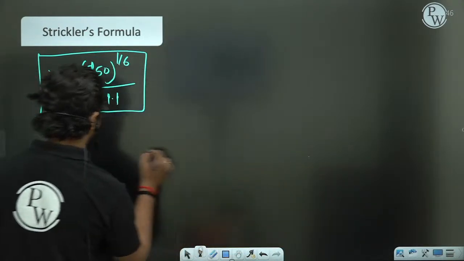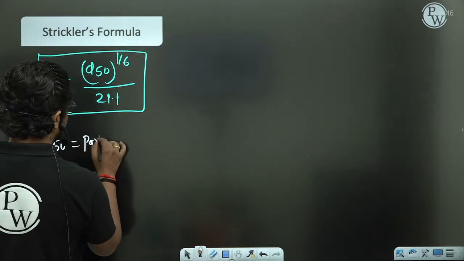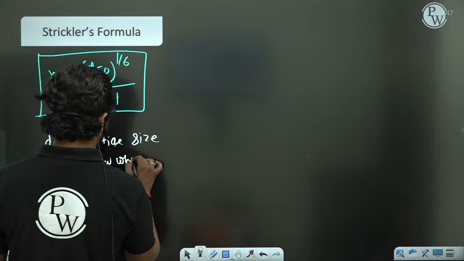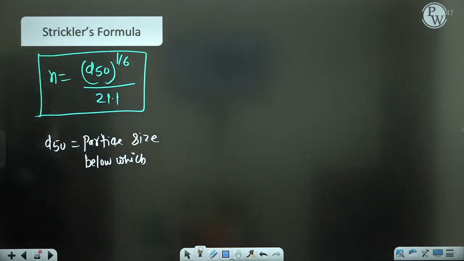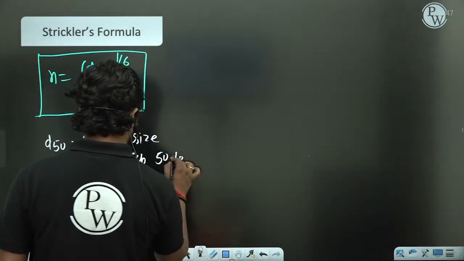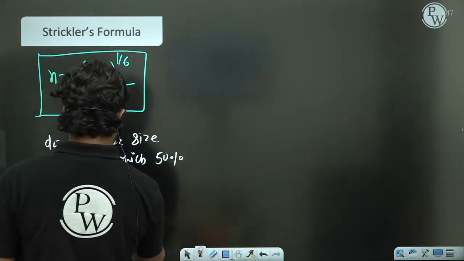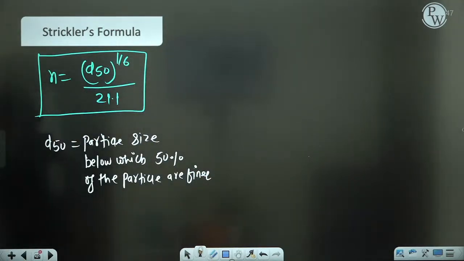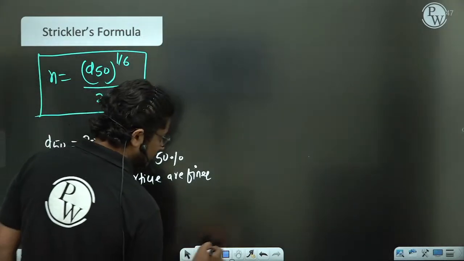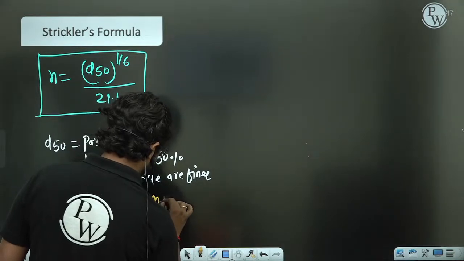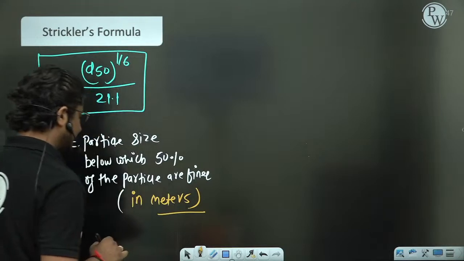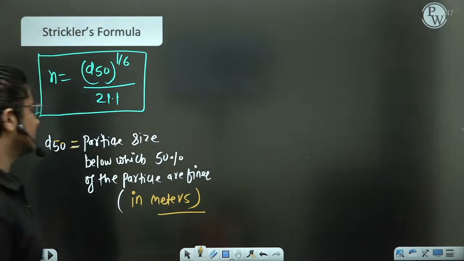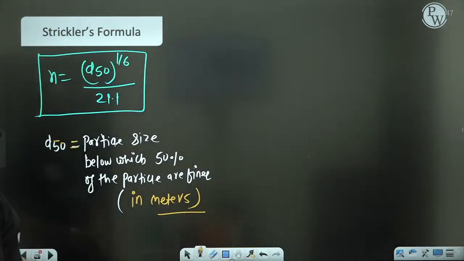Where d50 is the particle size below which 50% of the particles are finer, and we express this in meters. This is the formula for Strickler.